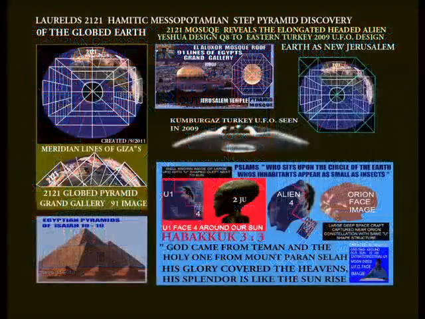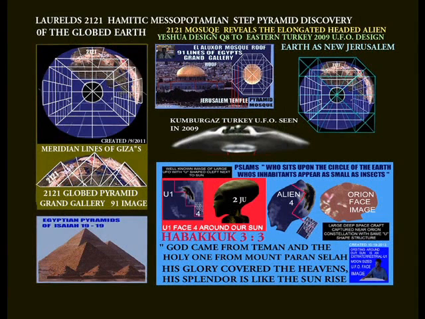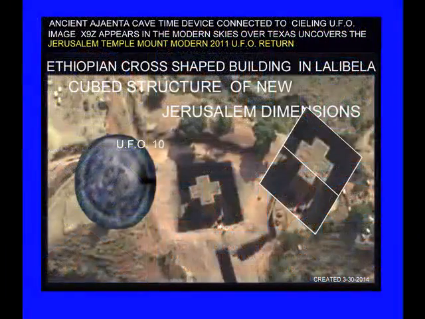So when we see at the base of the cubic dimensions of New Jerusalem in Lalibela, in modern Ethiopia, we see the Ethiopian cross resting in the cubic dimensions of New Jerusalem.